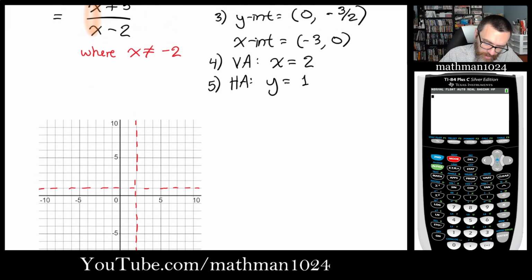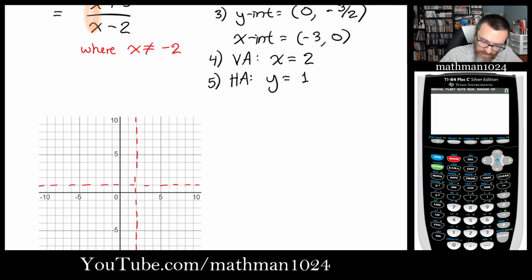Now the other key points that we have: negative 3, 0 for an x-intercept, and 0, negative 3/2 for the y-intercept. So by putting those 2 points in the lower left, that tells me that I should have a graph that curves and goes down like that. And since where I got my vertical asymptote from was just x equals 2, and it wasn't squared, I would expect it to come back up here and finish going out that way.